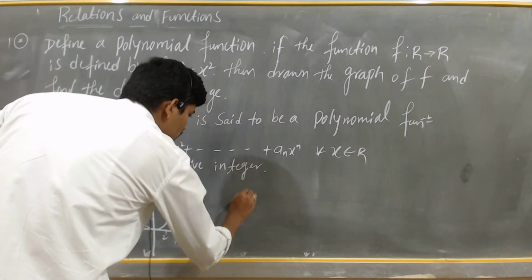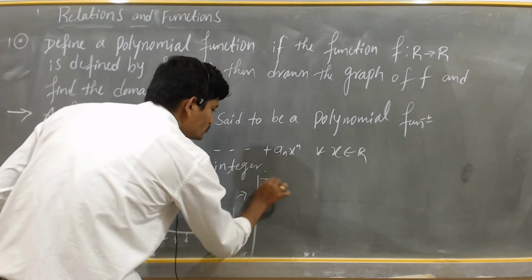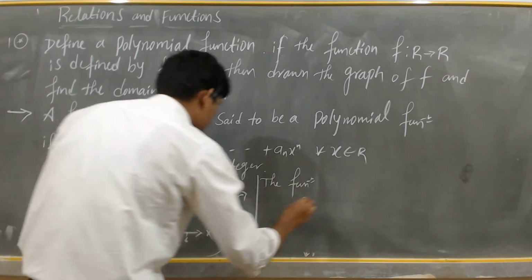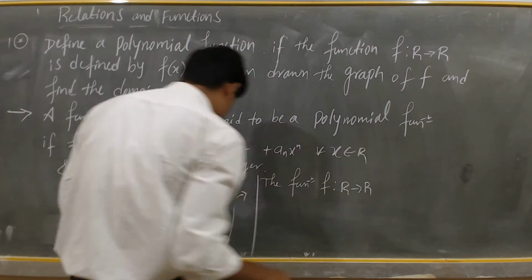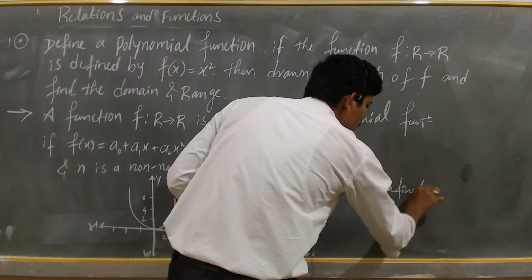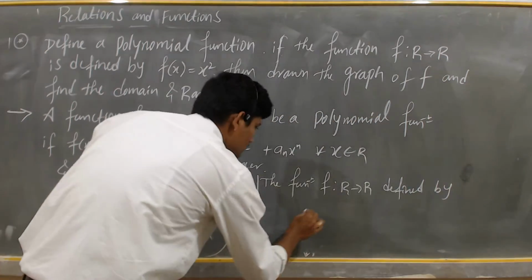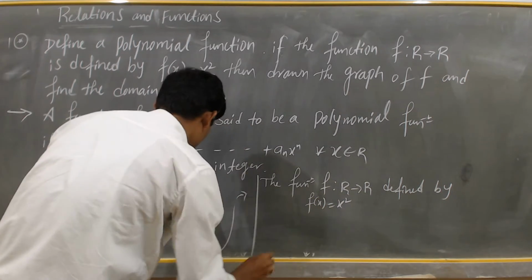Now after completion of this one, we will write the function. The function f from R tends to R defined by f of x equal to x square.